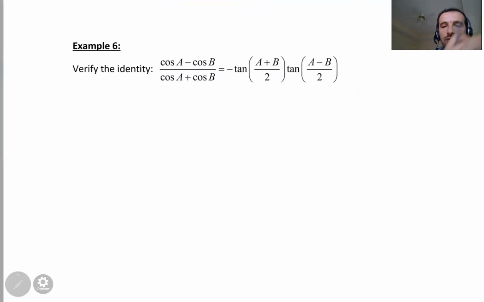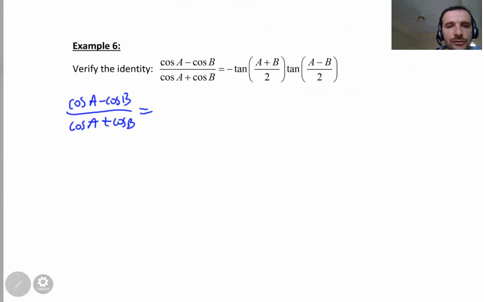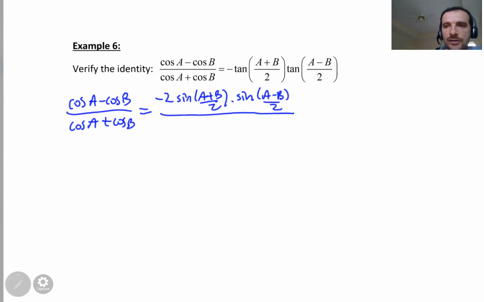So in order to do so, we have to rewrite these, okay? So cosine of a minus cosine of b divided by cosine of a plus cosine of b. That's equal to, first of all, I have to use the fourth identity, right? It is negative 2 times sine of (a plus b) over 2 times sine of (a minus b) over 2, divided by, what is the formula for cosine a plus cosine b?